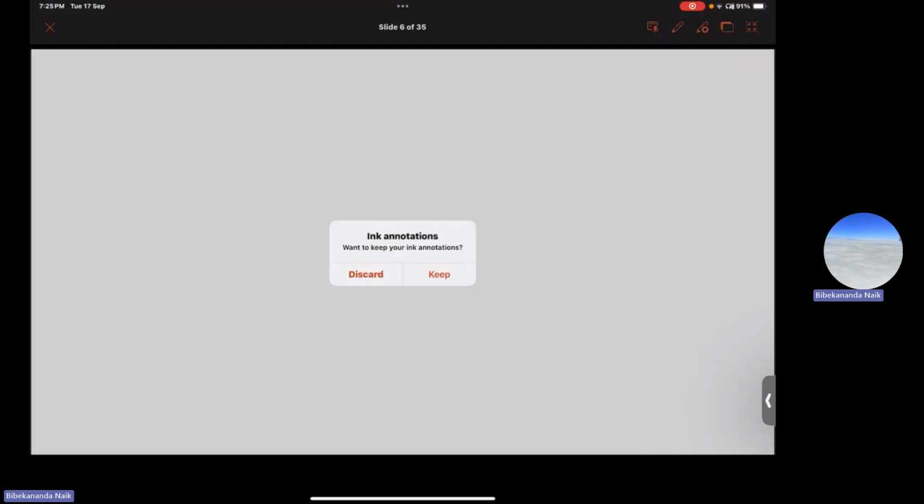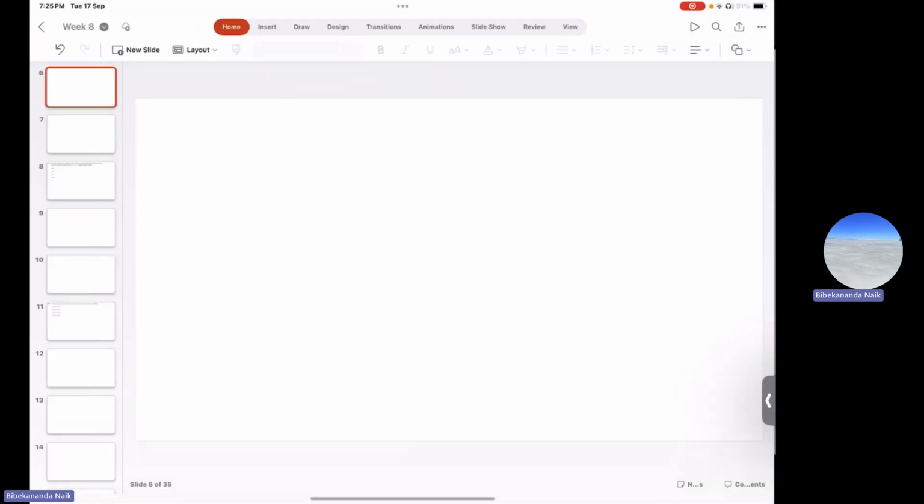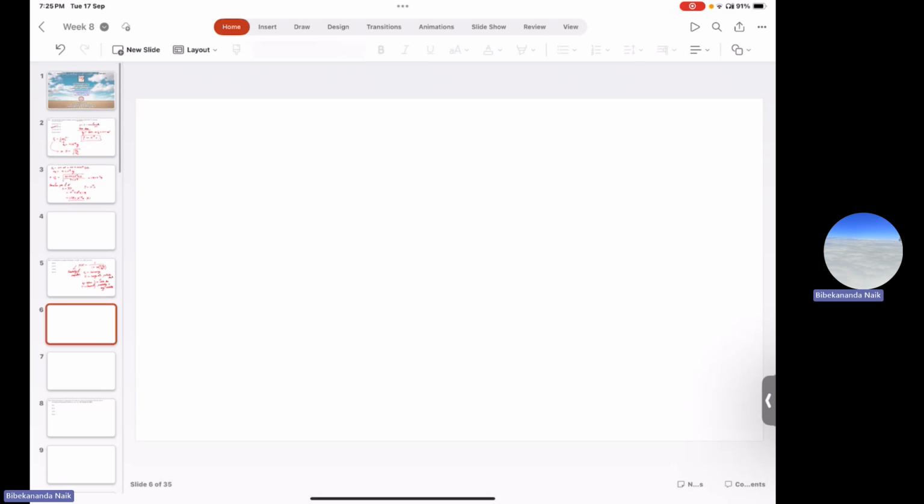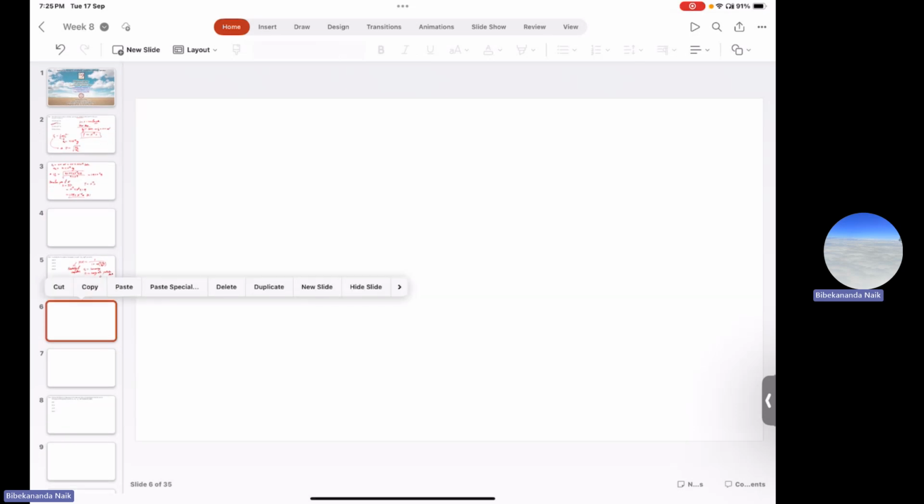So if you calculate PE, then P is 1 by 1 plus exponential E minus EF by KBT.